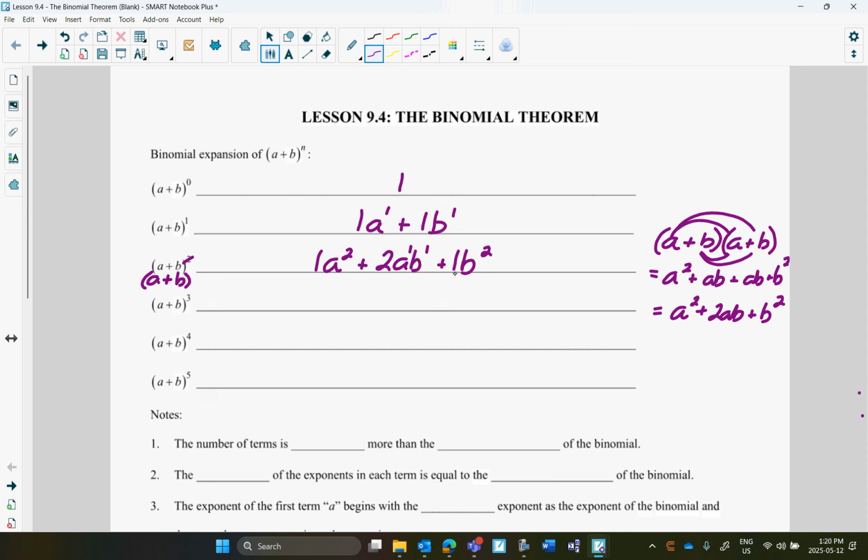Now, a lot of mathematics is about patterns. If you did a plus b cubed, you'd have to do a plus b times a plus b, which is 4 multiplications. You get this. Then you'd have to multiply these 3 terms by another binomial, which is 6 multiplications, which is getting pretty complicated.